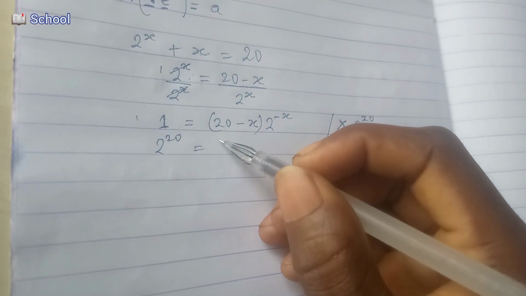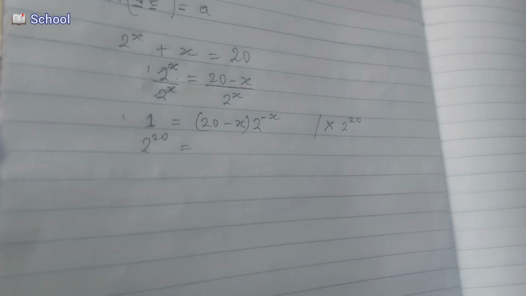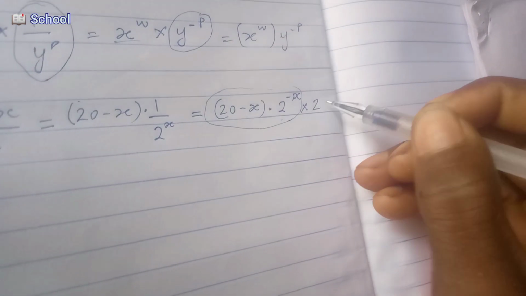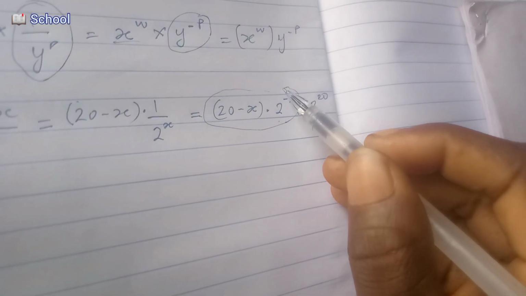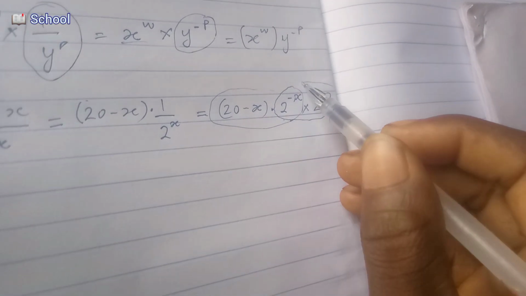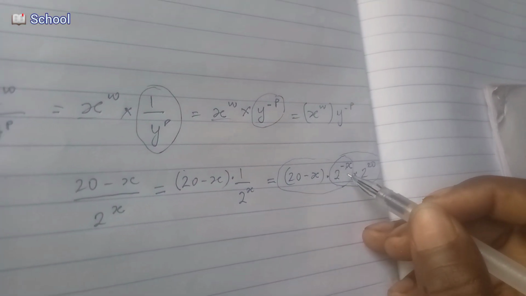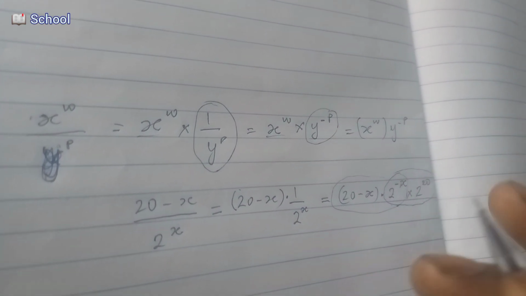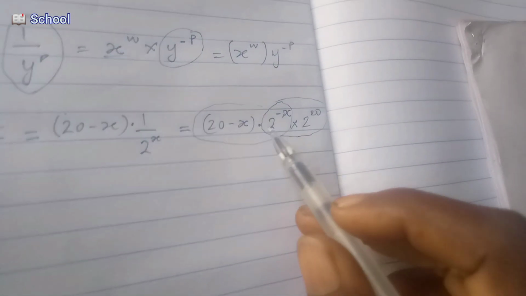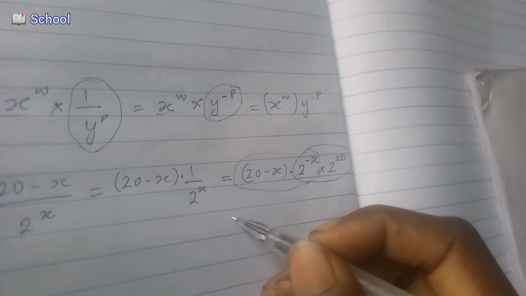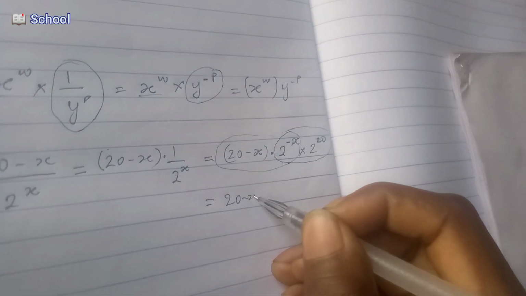This right hand side, you have to understand something here. We have the whole of this on the right hand side, so multiply it by 2 to the power 20. You will now see that there is a law of indices that can be applied to these two terms. If you have two numbers in index form multiplying each other, and the bases are the same but their powers are different, you just pick one of the bases and sum up the powers.